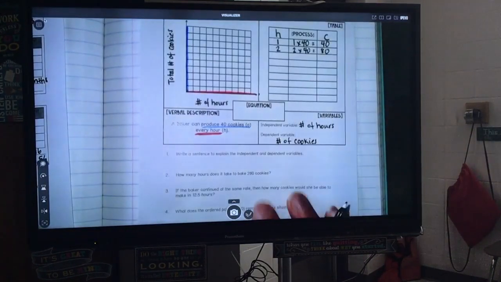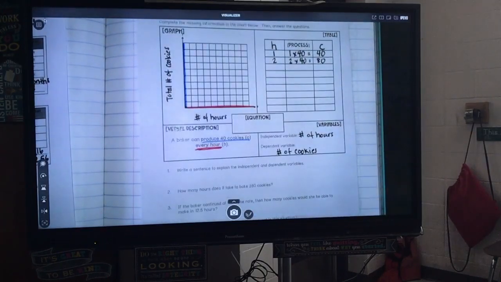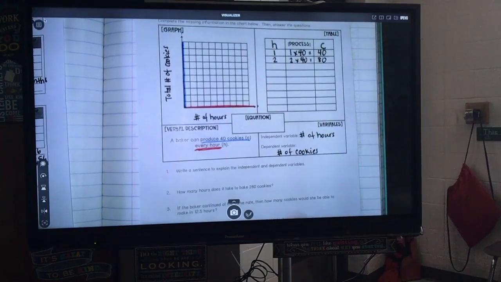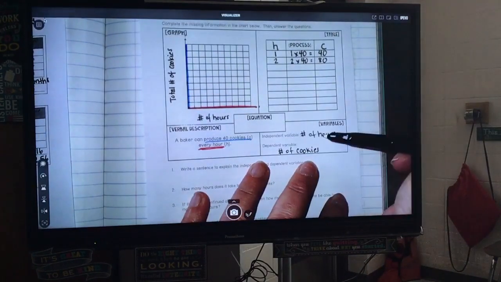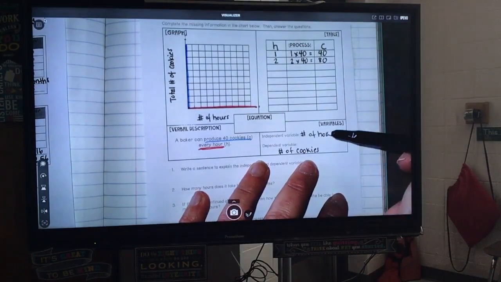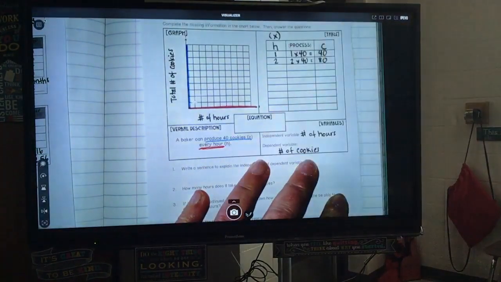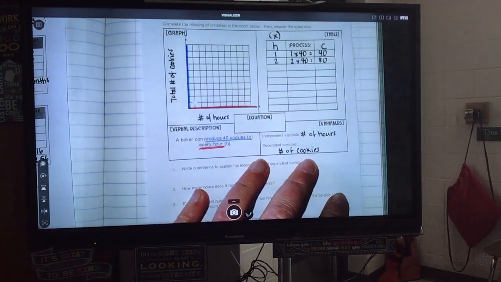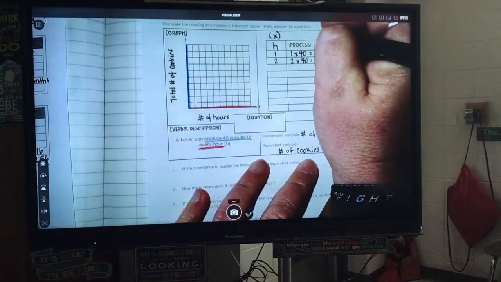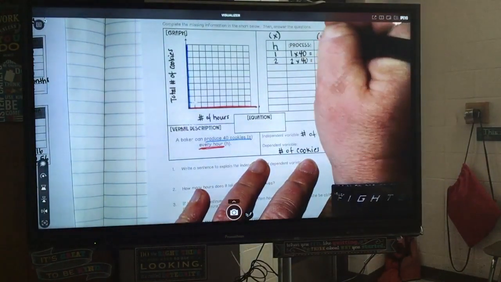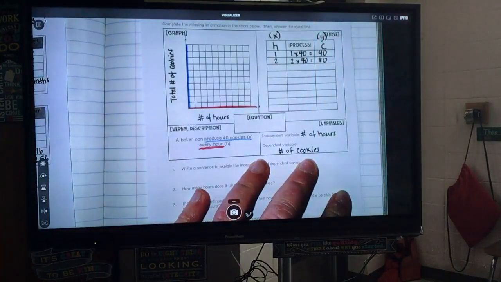The last thing I'm gonna do to help you guys today is show you how to graph. You all told me that my independent variable is the number of hours, right? So technically, this is my X coordinate, based off of everything we've done. And technically, the number of cookies produced is my Y coordinate. You guys agree?